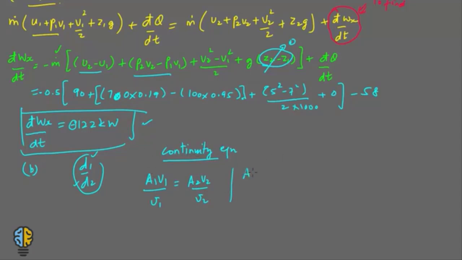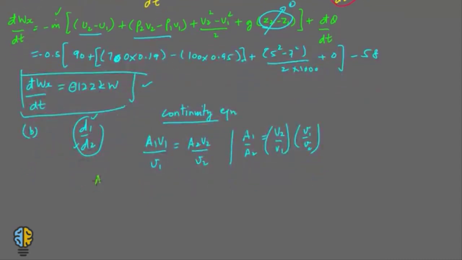So A1 by A2 is equal to V2 by V1 into small v1 by small v2. Now let's plug in the values. So we would have A1 by A2 is equal to 0.95 by 0.19. These are the specific volume values, and the velocities are 5 by 7.